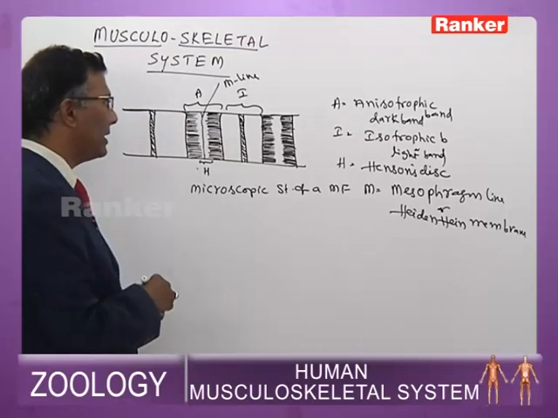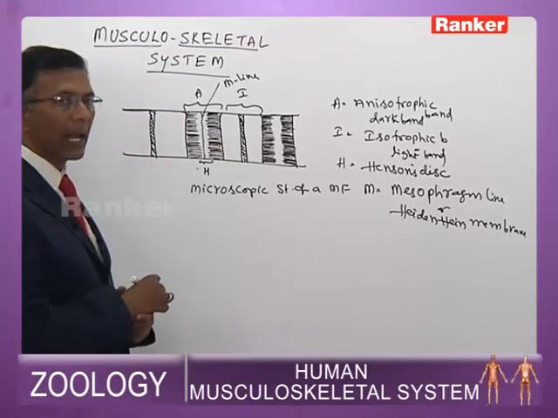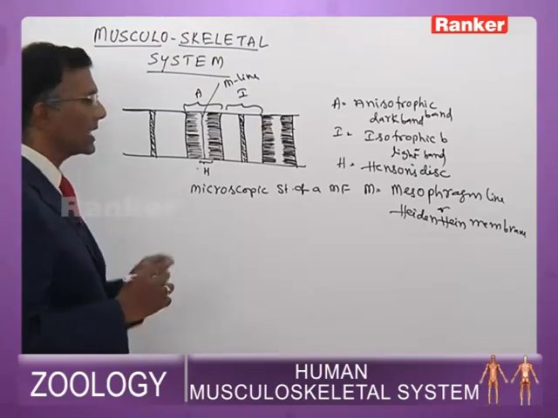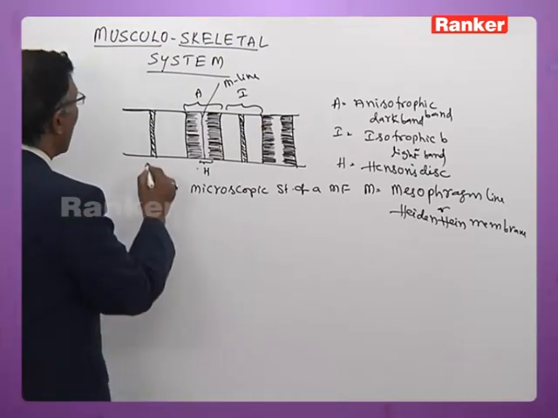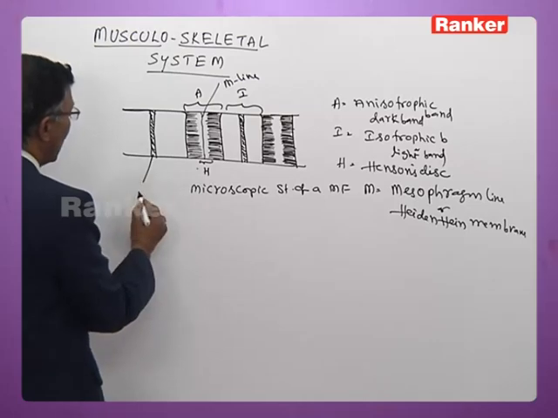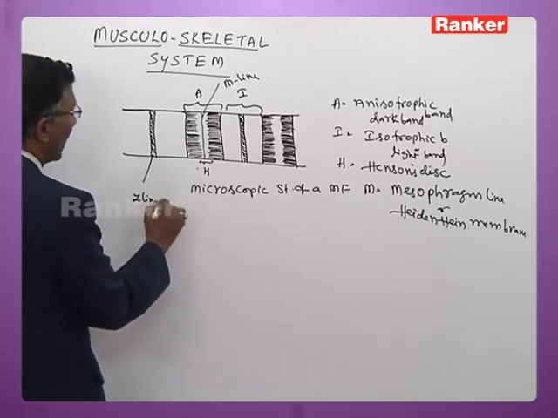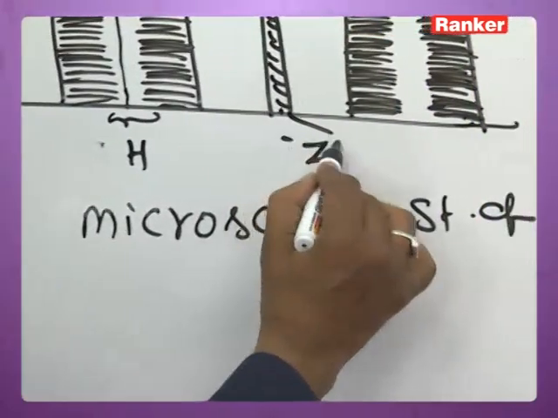In the same way, within the I band, that is isotropic band or light band, a dark striated line is noticed. This dark striated line that passes through the I band is called Z line.